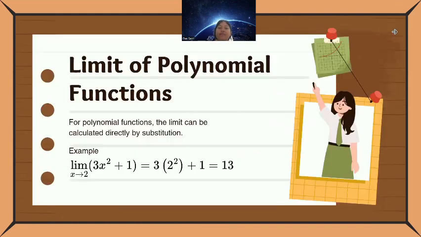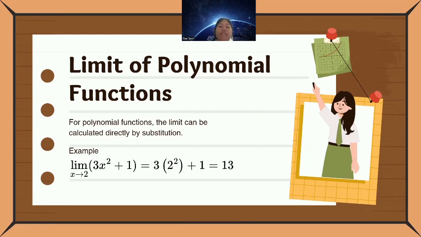Next, methods of determining limit. Now I will explain several methods for determining limit. First method, polynomial function. For a polynomial function, the limit can usually be found by direct substitution.